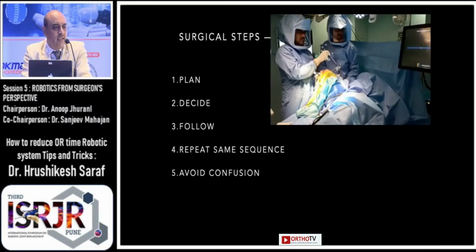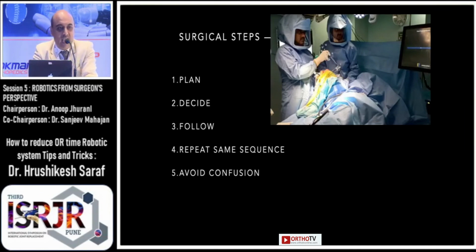During the surgical steps, what is important, you have to plan the steps. You have to decide once you open the joint whether you will remove the osteophyte first, whether you will remove the menisci also, when you will put the pins, when you are going to put the sensors, femur first, tibia first, and how you are going to map the things.